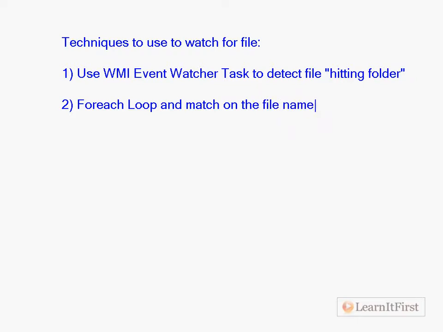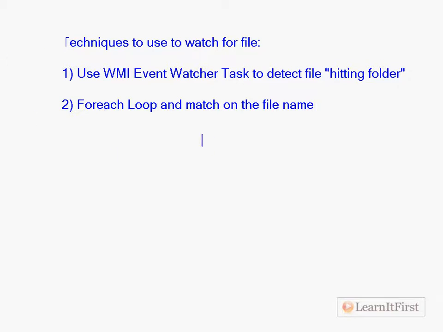Let's say we kicked off a package and gave it a specific file name to look for, and the for each loop came back with no files. Well, then we know the file's not there. If the for each loop has one file in the iteration, the file is there. If the for each loop does not have a file in the iteration, then there's nothing there, and so we would know that the file's not there.